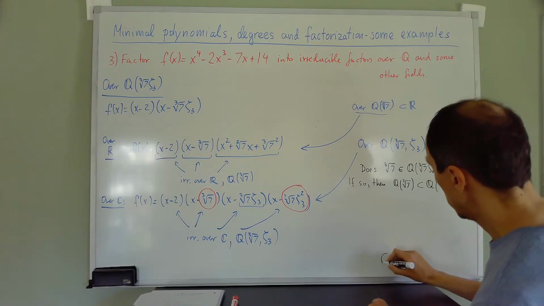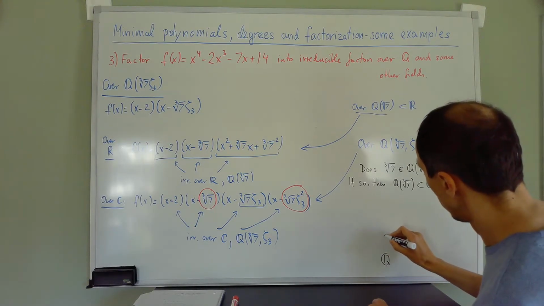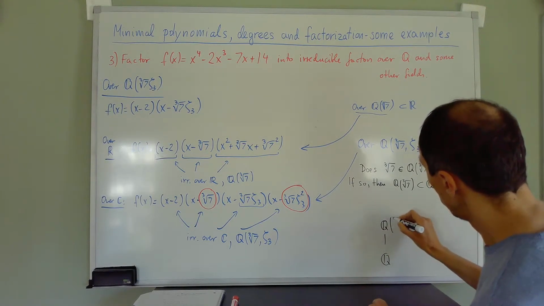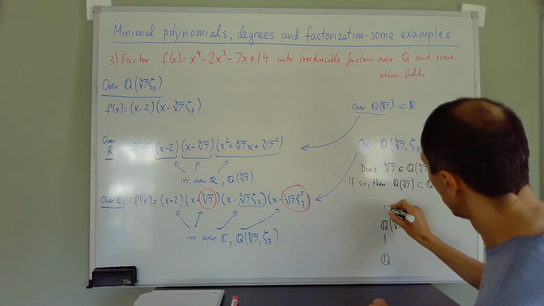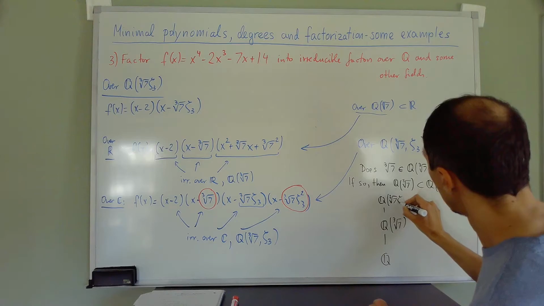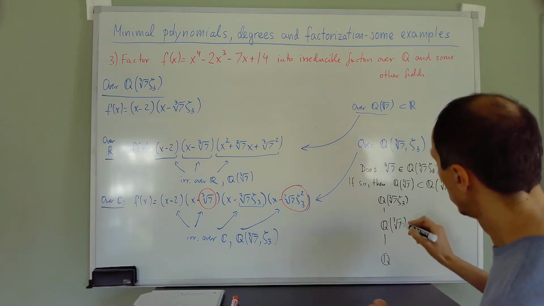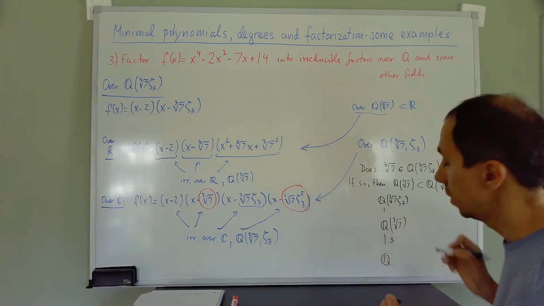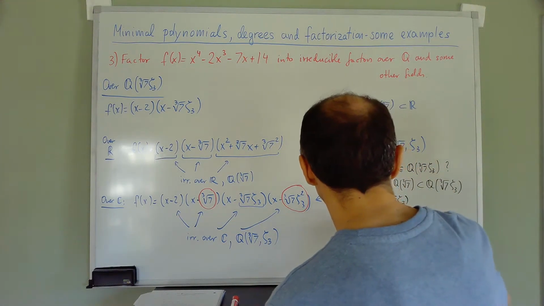So I have the following tower, Q, Q adjoint cube root of 7, and Q adjoint cube root of 7 zeta cubed. The degree here is 3. What's the degree here all the way to the top?